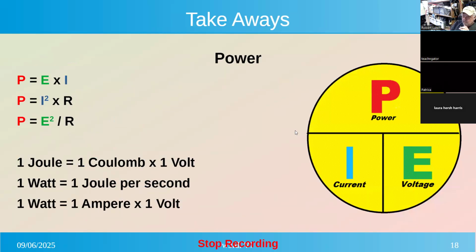Remember that power is equal to E times I or I times E. They're interchangeable; it doesn't matter which order. If you only know current and resistance, it's going to be the current squared times the resistance. And if you only know the voltage and the resistance, it's going to be the voltage squared divided by the resistance.